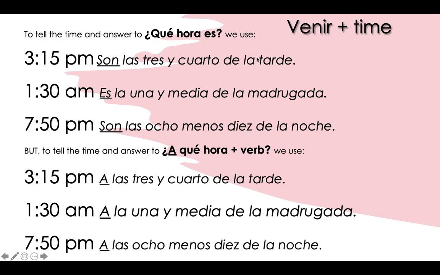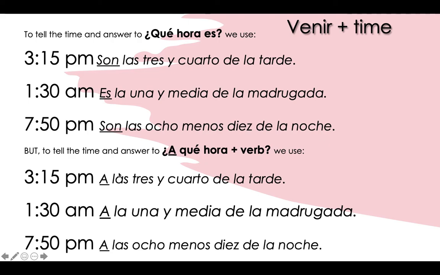Now, for the verb venir or tener, to tell the time and answer to ¿a qué hora vienes? or ¿a qué hora tienes?, we change the es la or son las for a las or a la.